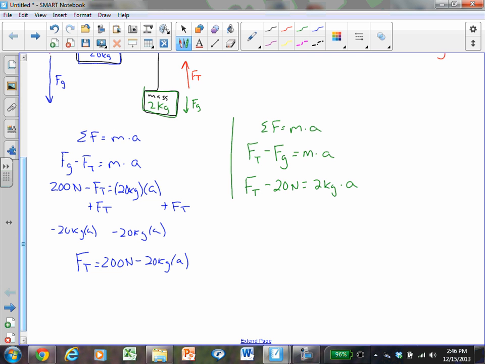And then we can bring that and plug it in over here. 200 newtons minus 20 kilograms a. So we're plugging that in for Ft here. Minus 20 newtons equals 2 kilograms times a.